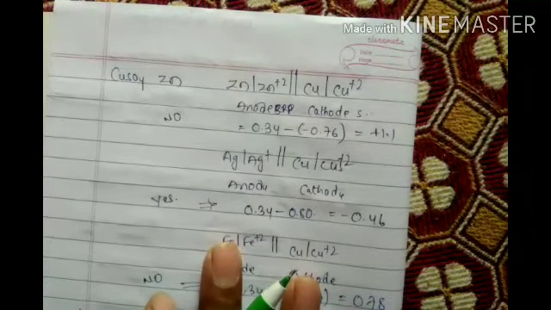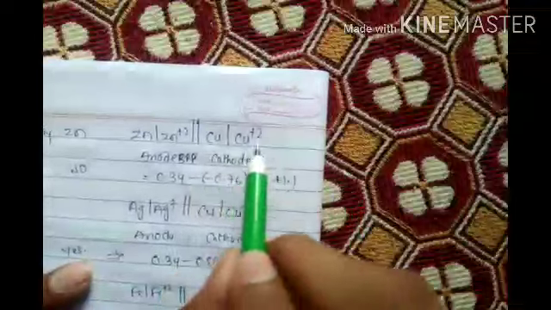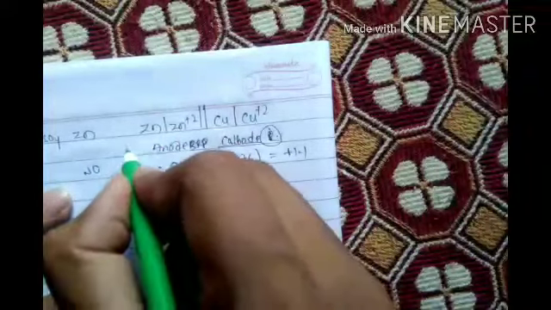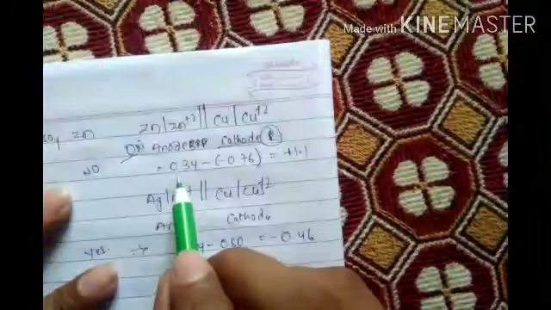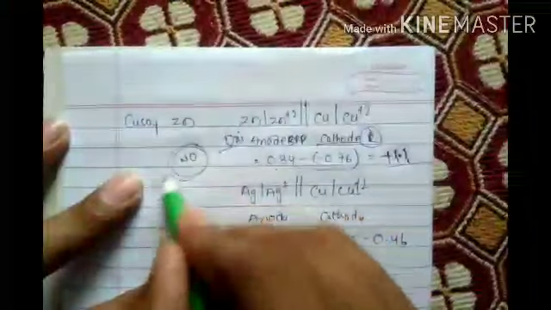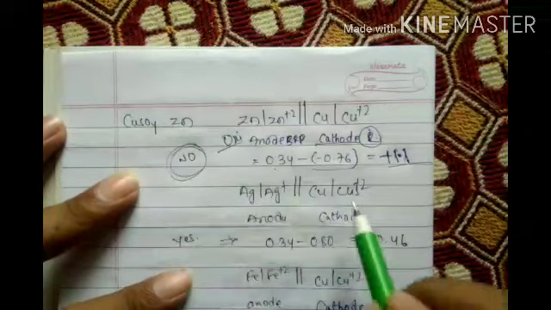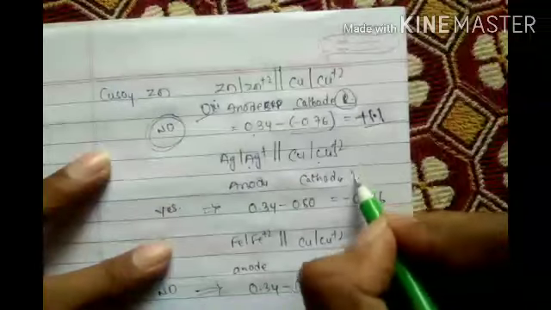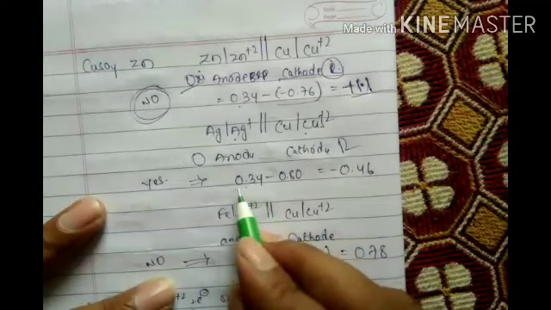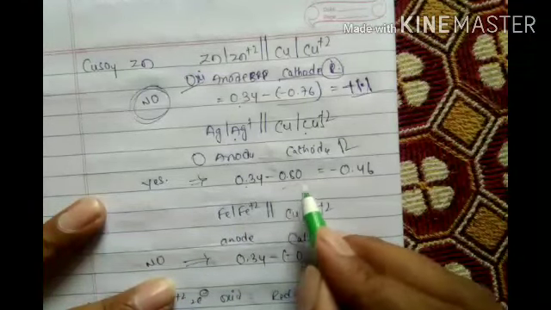Second question. See, copper, zinc. Copper I taken cathode because of reduction, anode oxidation. Cathode minus anode. Positive came, positive 1.1, so reaction is no. And copper and silver, cathode and anode: 0.34 minus 0.80, negative came.